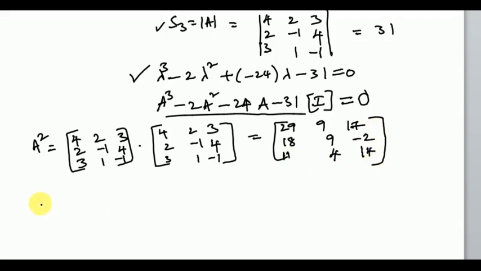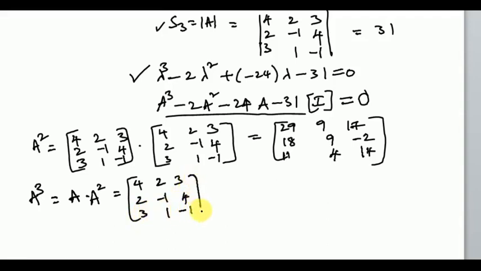And for A cube, A into A square. A is given, and A square is 29, 9, 17, 18, 9, minus 2, 11, 4, 14.